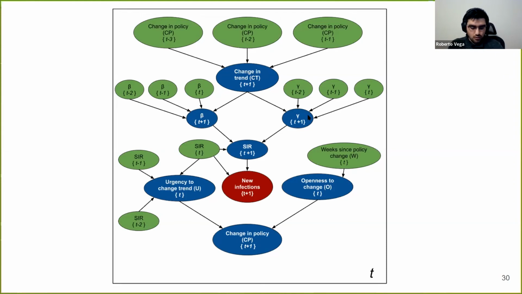That is kind of the intuition behind the graphical model. Now, of course, the main problem in here is that we cannot observe the openness to change. We cannot observe the urgency to change the trend. These are like made-up concepts that we did to aid the model.